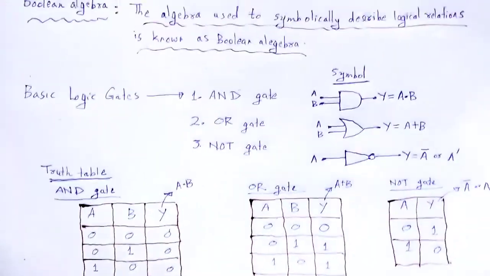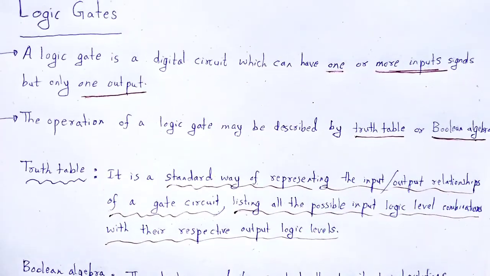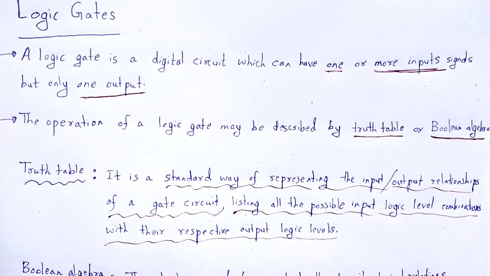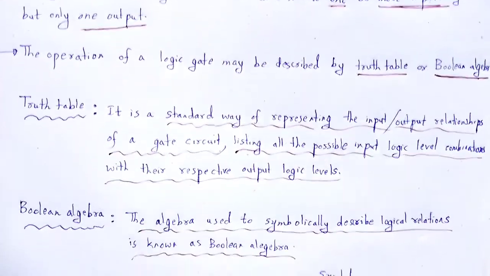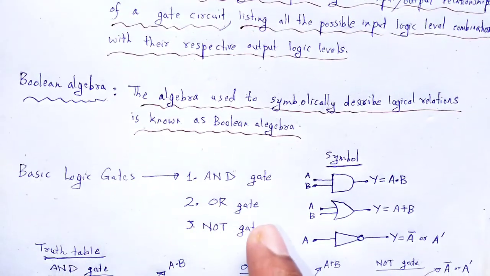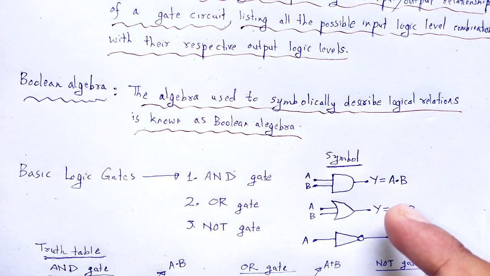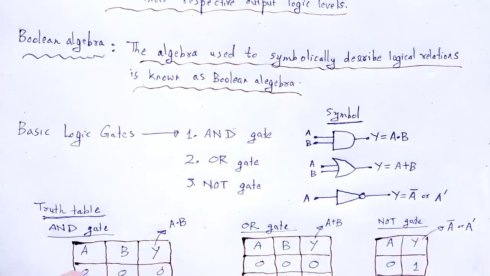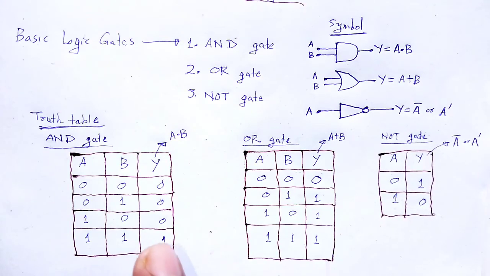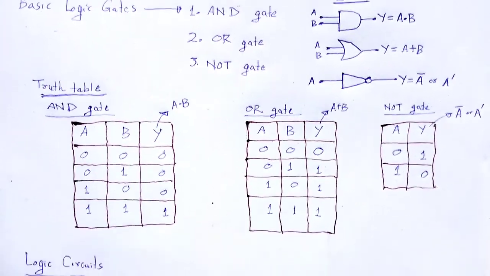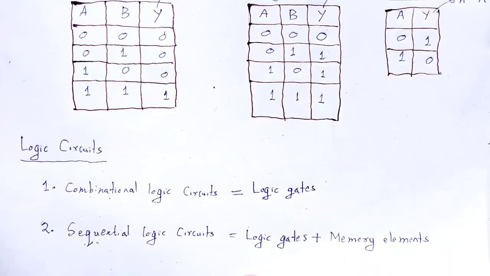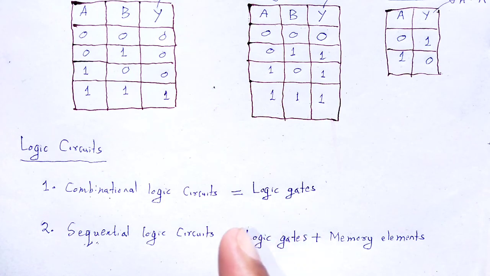With the help of this video lecture, we understand the basic idea of logic gates, what logic gates are and how they operate, the concept of truth table and Boolean algebra, the basic logic gates AND, OR, NOT, their symbols, how we write them in terms of Boolean algebra, and the truth tables of these basic logic gates. The types of logic circuits are combinational and sequential logic circuits. Circuits that contain logic gates only are treated as combinational logic circuits, whereas the combination of logic gates plus memory elements is treated as sequential logic circuits.